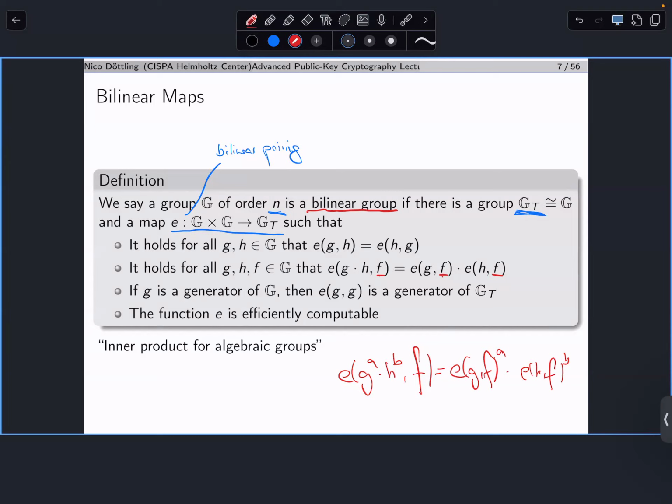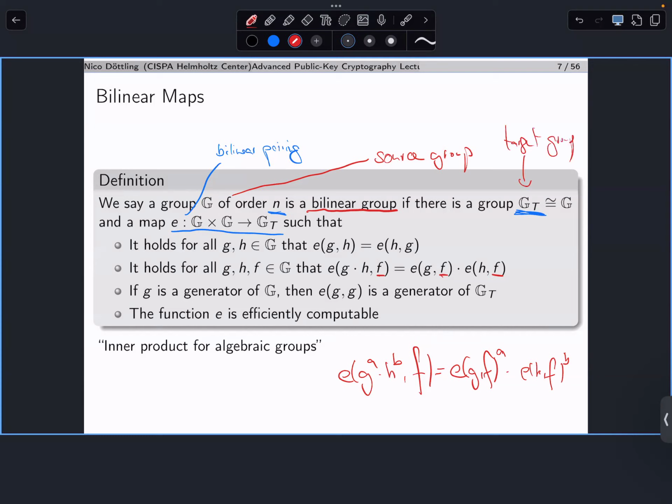And finally, we have a non-triviality requirement, which says that if g is a generator of the so-called source group, we call that the source group. And this guy here, we call it the target group.